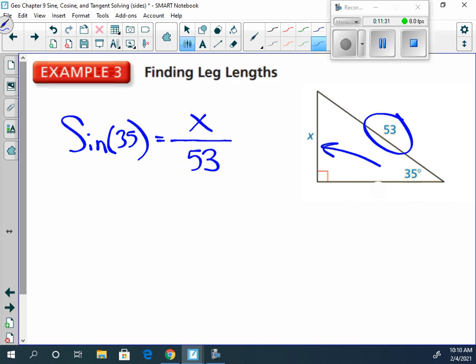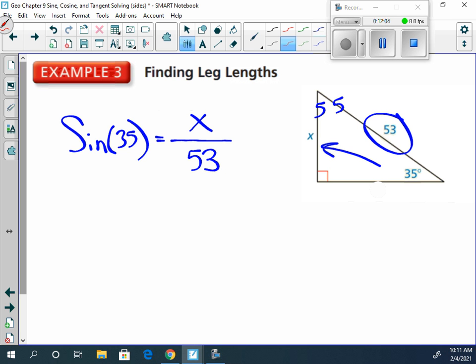What do we expect this side to be? Well, it's going to be smaller than 53, yes? Because this angle over here, if we figured it out, would be 55 degrees. So that side that we're going to get for x should be smaller than it. So if we look at the angles, we can have a guesstimation of what we think it should be.